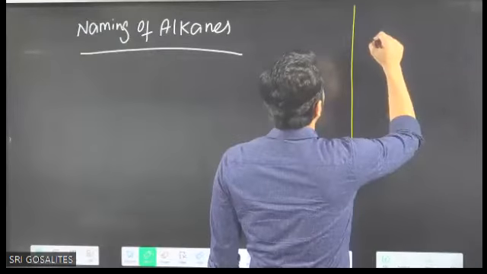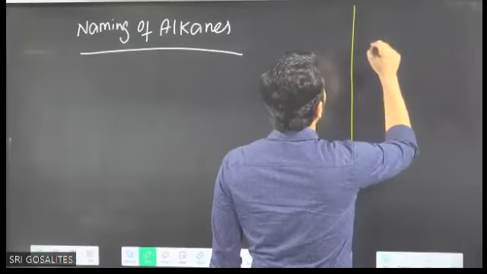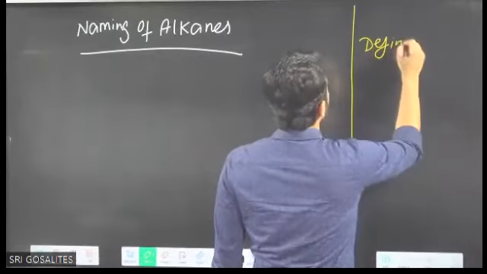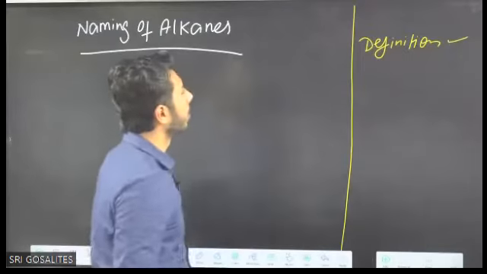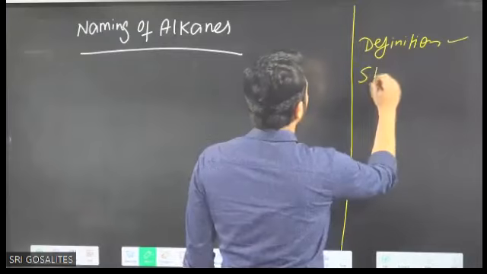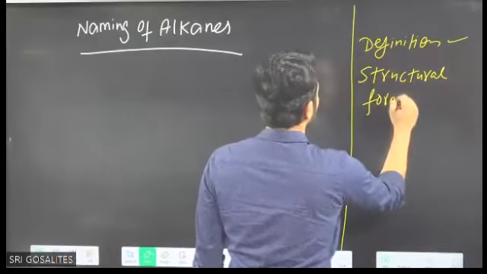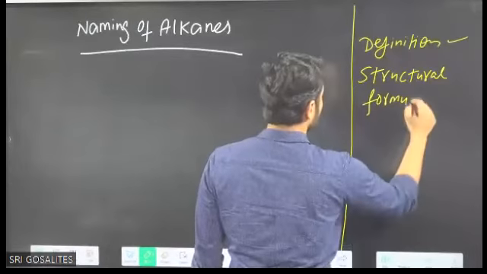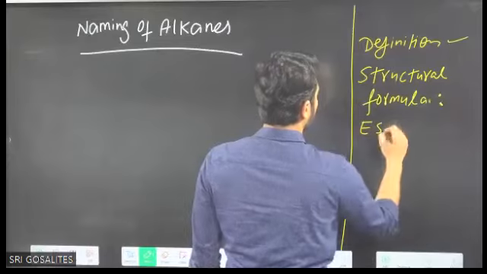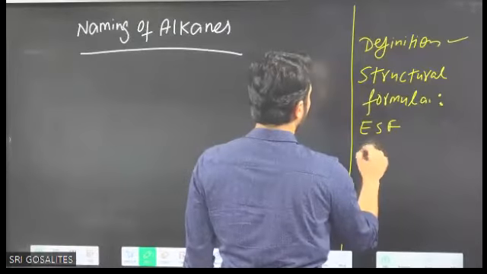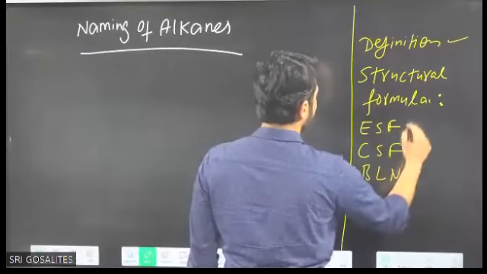By this time, we have discussed what? Firstly, we have discussed the normal definition part. Then next was the notations or structural formula: expanded form, condensed structural formula, and bond line notation.